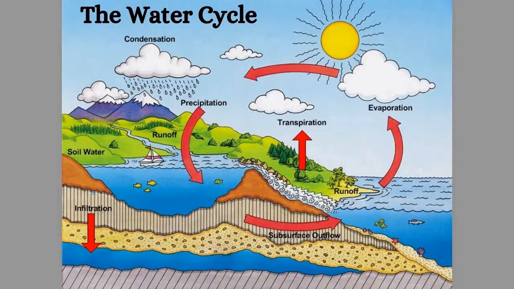This is called the water cycle. And the water cycle is a never-ending cycle. As you can see, rain falls from the clouds. We call that precipitation. And then it falls into any kind of different situation.